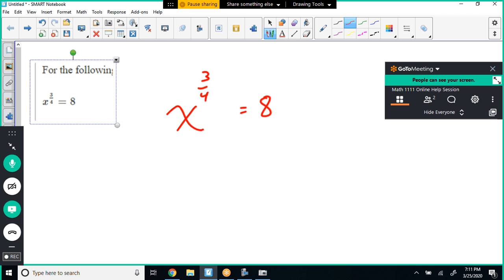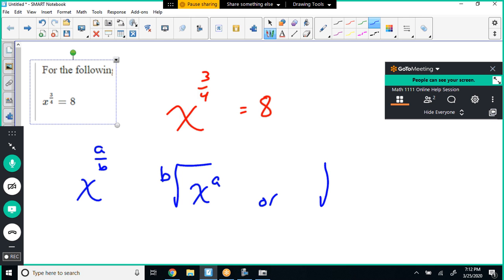Fraction. This is really, if you look at it like this, it's really like that.